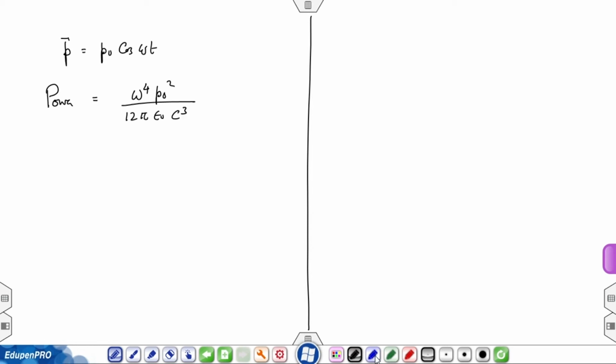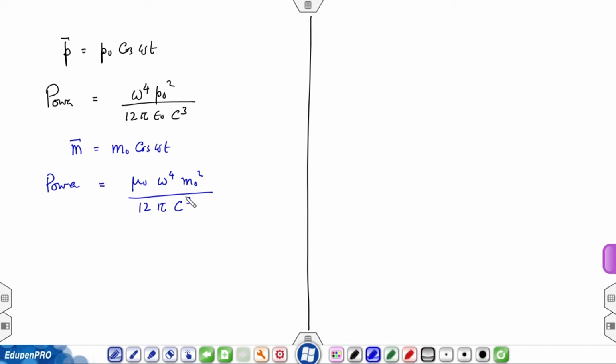And now we have studied this m, which is m 0 cosine of omega t, a magnetic dipole oscillating, and in this case the power radiated comes out to be mu 0 omega raised to 4 m naught square over 12 pi c cubed.